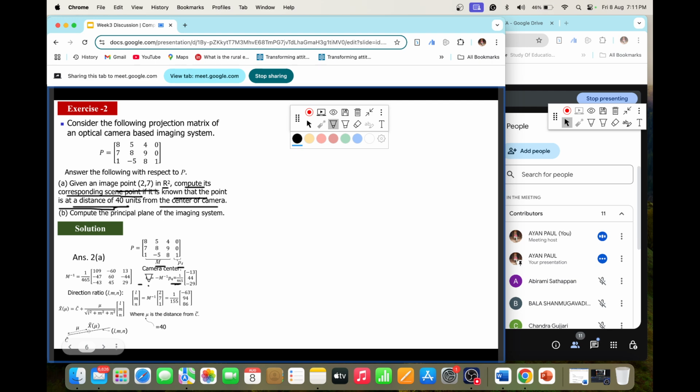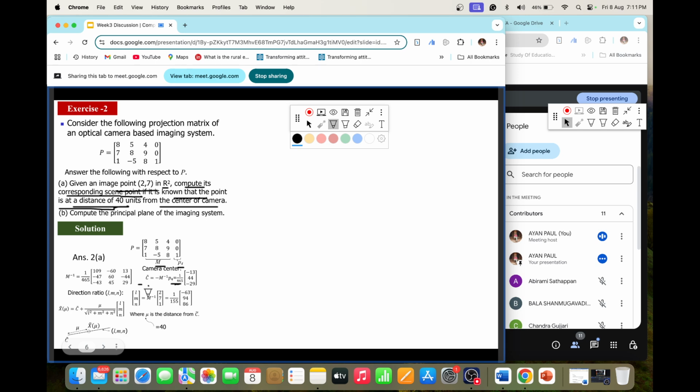Now if we have the center of the camera, how can we get the scene point for the given image point at the distance 40? We can get the scene point by this parametric equation.